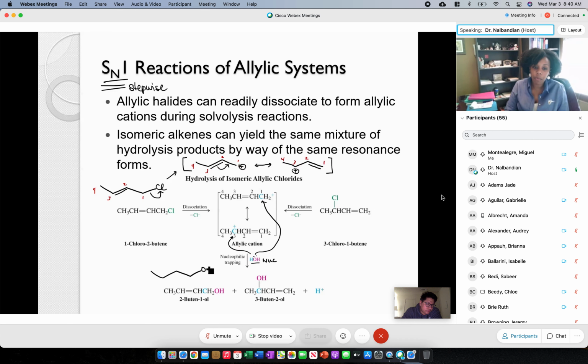So if it attacks carbon 1, you know that this would be 2 more steps here. But if it attacks carbon 1, we end up with this OH on carbon 1. If it attacks carbon 3, then we end up with an OH on carbon 3.